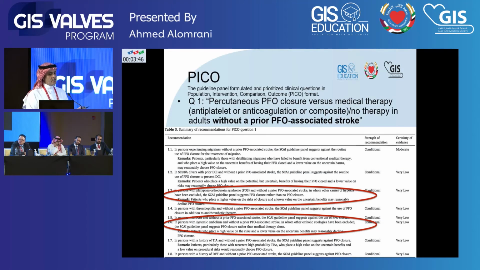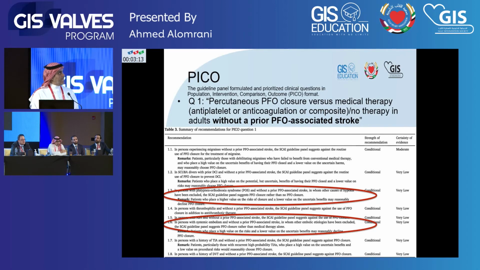So going back to the guideline, the panel formulated and prioritized clinical questions in the population, intervention, comparison, outcome format, the PICO format. If you look at question 1, for example, regarding percutaneous PFO closure versus medical therapy, whether the patient is on antiplatelet or anticoagulation without a PFO-related stroke, there is not really much of a strong recommendation to close it, given the strength of recommendation and the certainty of evidence.